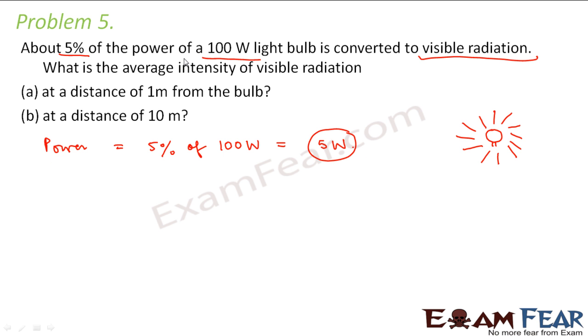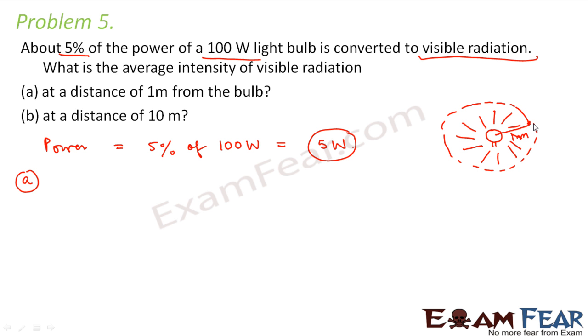So we have to calculate the average intensity of visible radiation at a distance of 1 meter from the bulb, right? Let us suppose this is 1 meter. What is this distance of 1 meter?